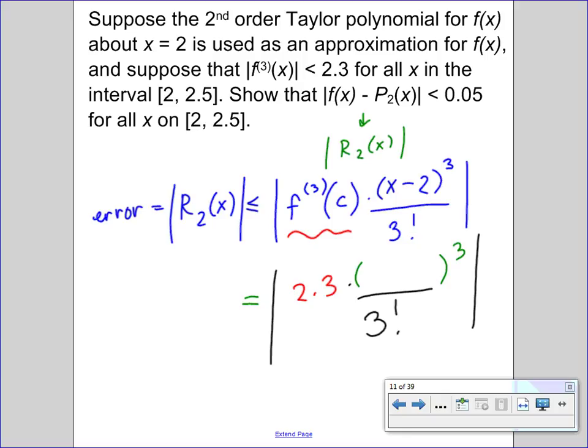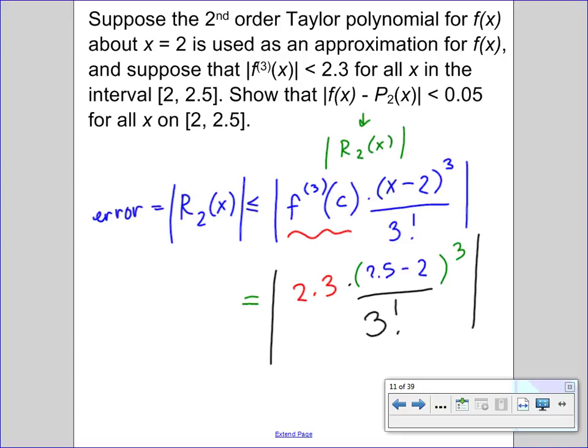We know then our approximation is guaranteed to be less than this number. If we didn't choose 2.5, then our error wouldn't be guaranteed to be less than this for the entire interval. It might work for 2.1, it might work for 2.2, but by purposely choosing x to be 2.5, we're guaranteeing that our error is less than or equal to this value. So we're going to choose x to be 2.5.